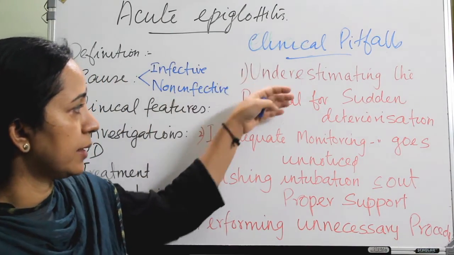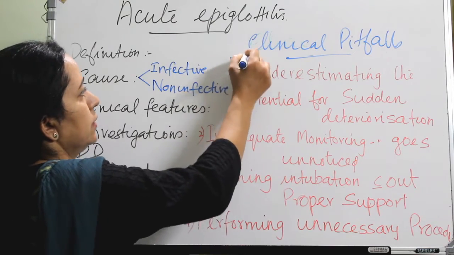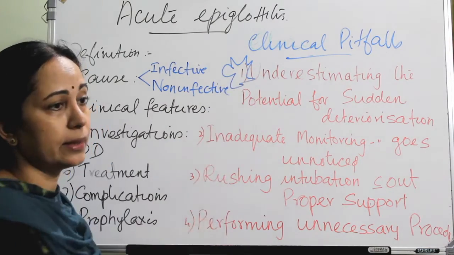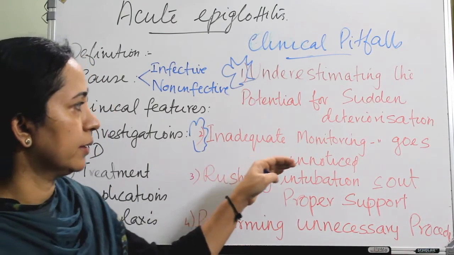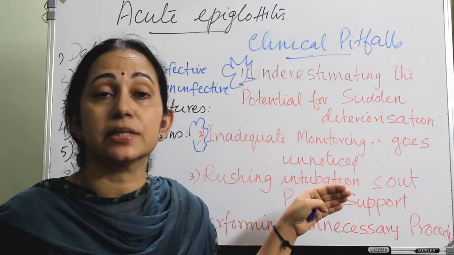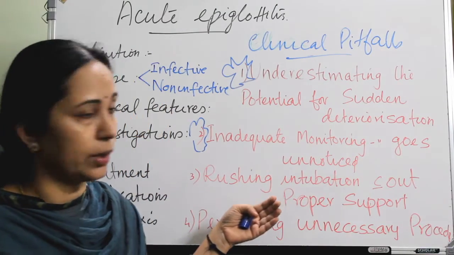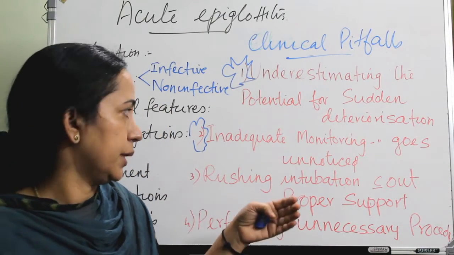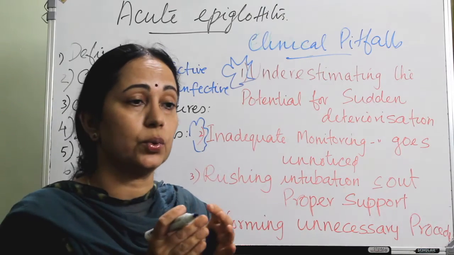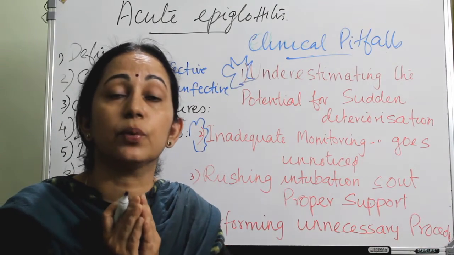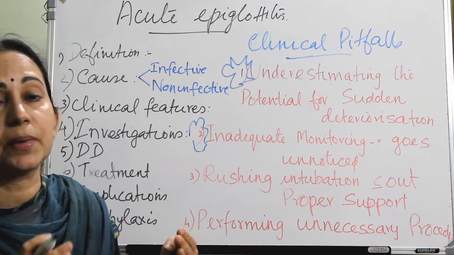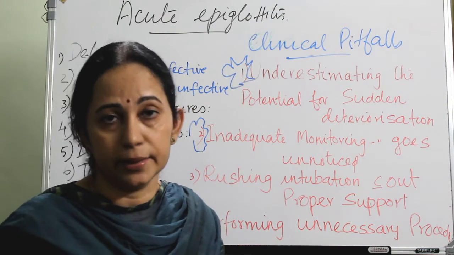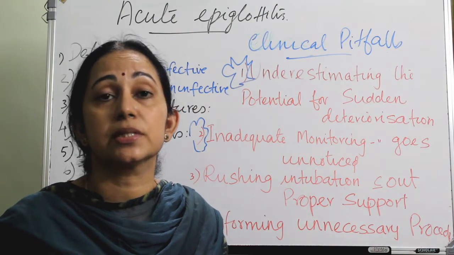And second is inadequate monitoring, so that this sudden deterioration goes unnoticed. I already told you, observation for a minimum period of 24 hours with close monitoring is needed. The third is rushing to intubation.